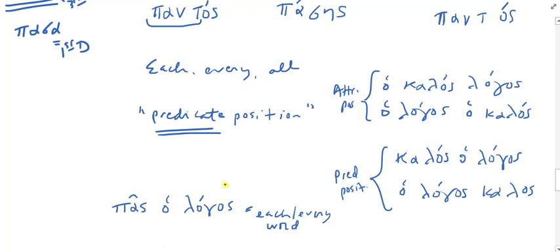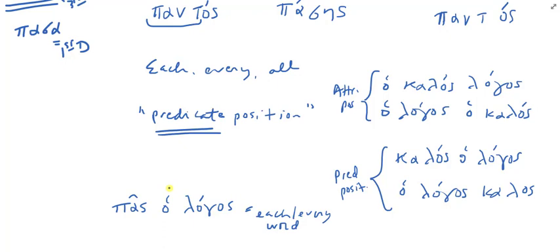You're going to put that word every before the noun in your English translation. Pas ho logos. Every word. Each word. Okay? Predicate position is simply a positional requirement, even though in translation, we're going to translate it like an attributive adjective.